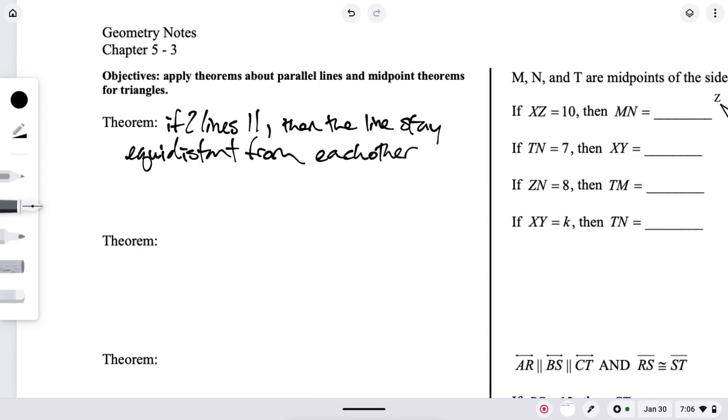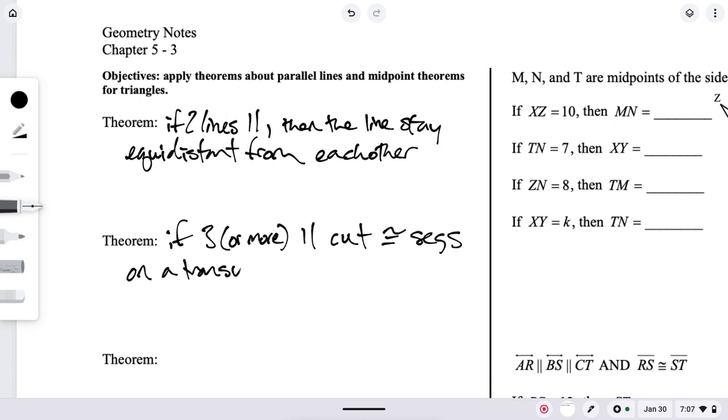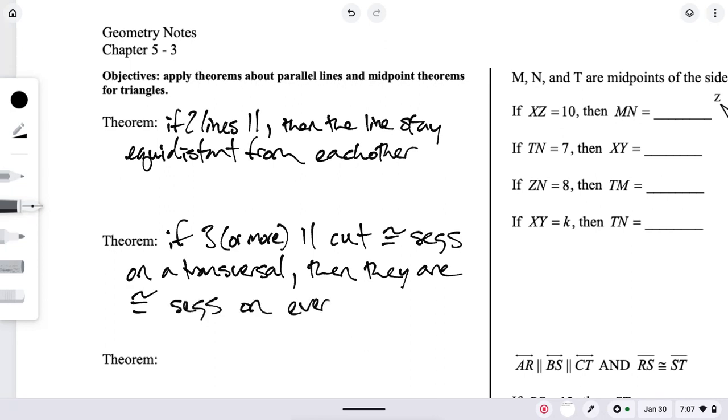Okay, so then second theorem: if three or more parallel lines cut congruent segments on a transversal, then they are congruent segments on every transversal.